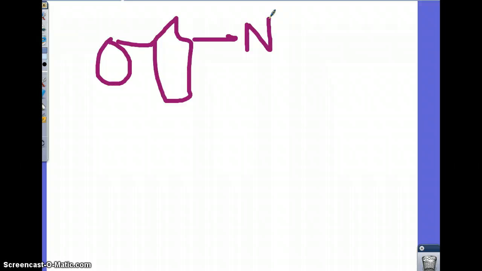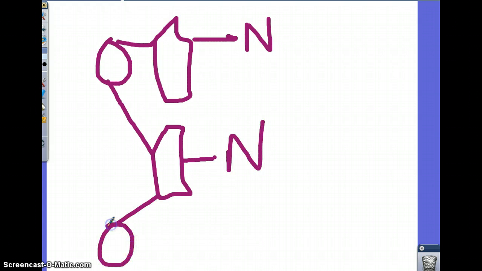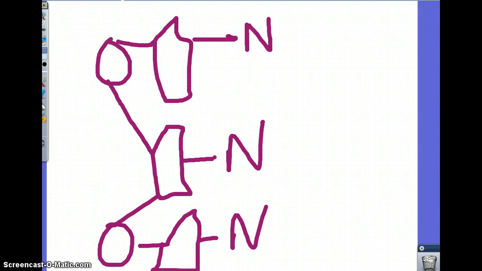A nucleotide. Now phosphate always attaches to a 5 carbon sugar. There's my phosphate attaching to the next 5 carbon sugar, and what's attached to this? Nitrogen base. I'm going to come back to this drawing in a minute.